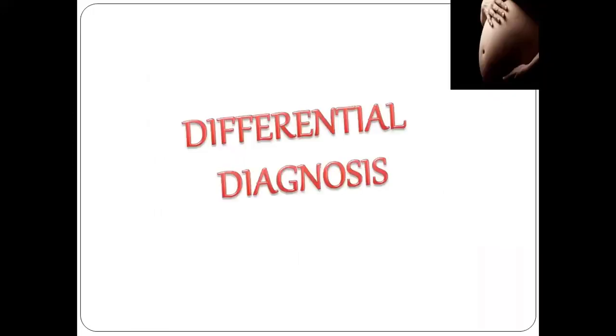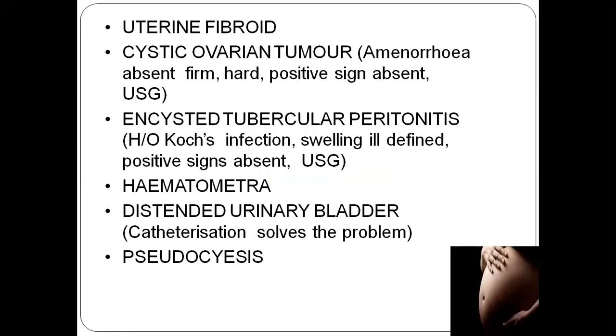Now the differential diagnosis. Whatever we discussed was the diagnosis of pregnancy, but in some cases we may misinterpret another condition as pregnancy. That is differential diagnosis. Here, uterine fibroid: in this case also the abdomen will be enlarged, and even hormonal imbalances will be there.